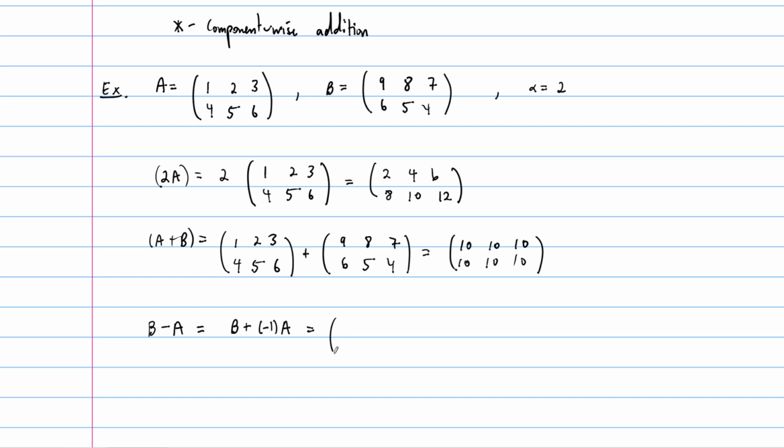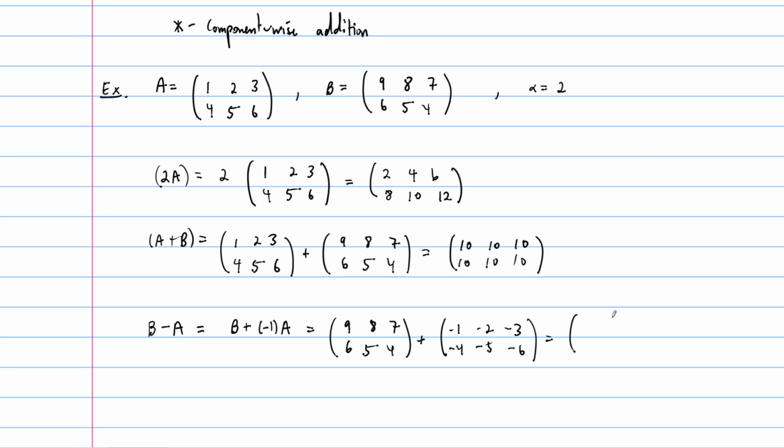This is going to be 9, 8, 7, 6, 5, 4, matrix B. And then if I do it by the definition that I've done here, it's plus -1 times this. So plus -1, -2, -3, -4, -5, -6.